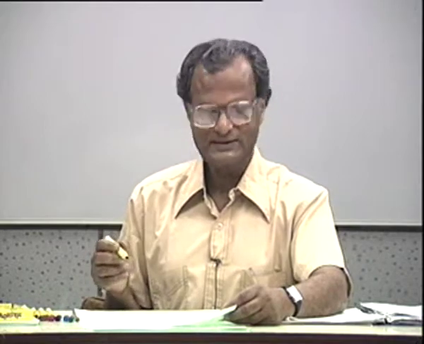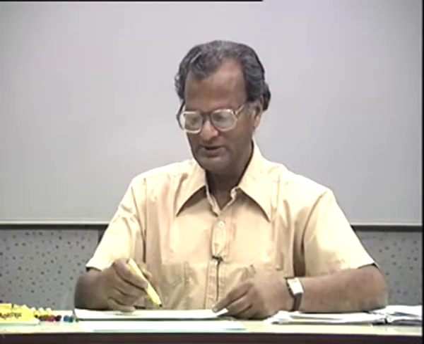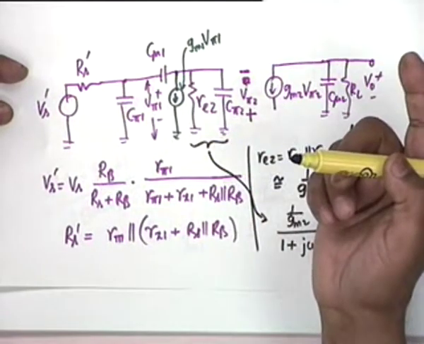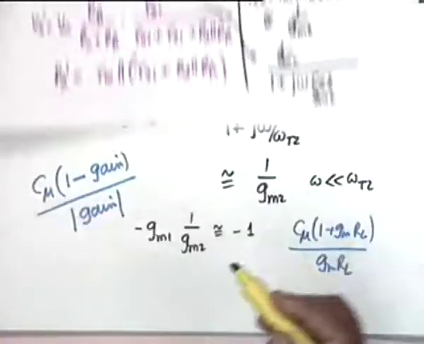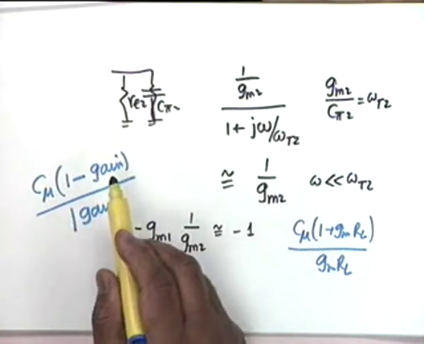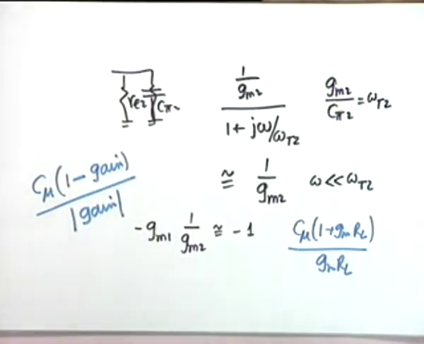So in this case, therefore, C mu 1 shall be reflected on this side as twice C mu 1. Is the point clear? Because the gain is minus 1, magnitude gain is 1, so C mu 1, 1 plus 1 divided by 1. Therefore, our equivalent circuit simplifies to the following.